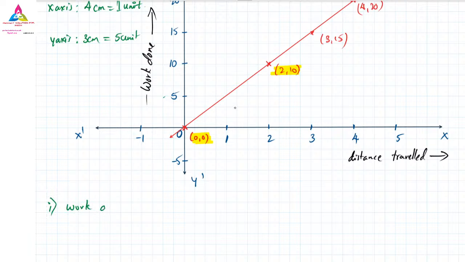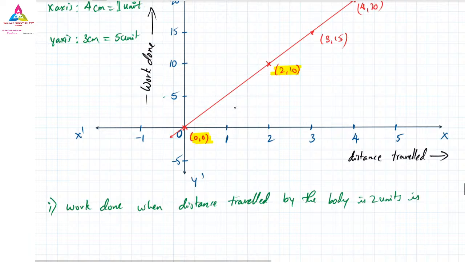Work done when distance traveled by the body is 2 units.